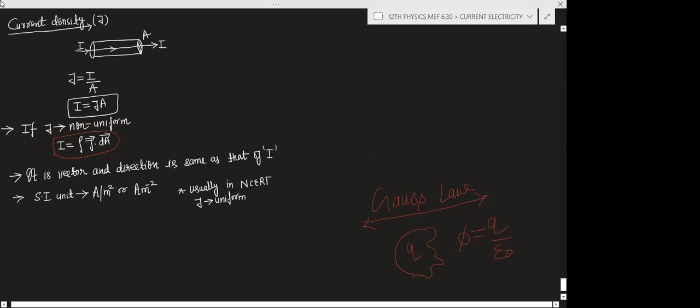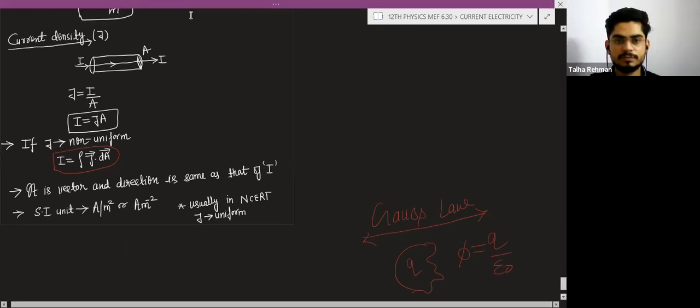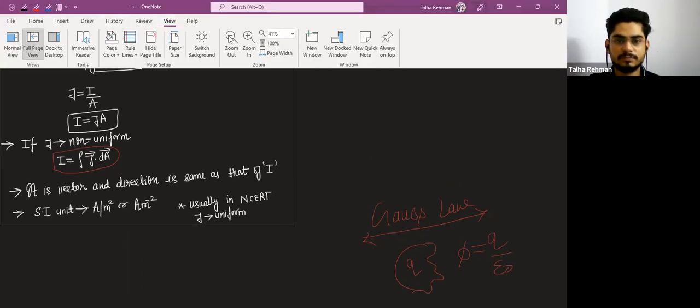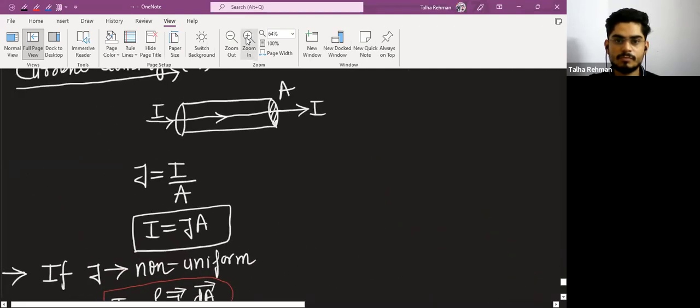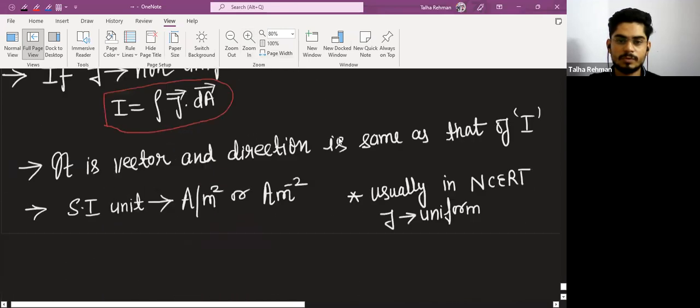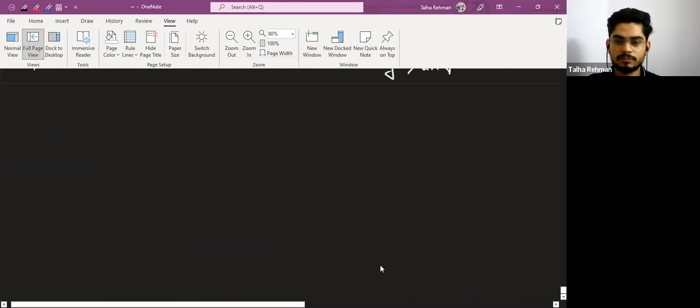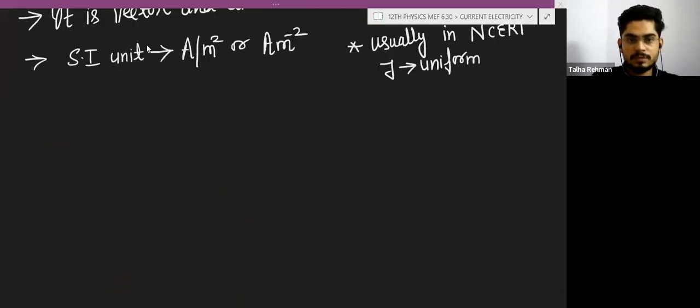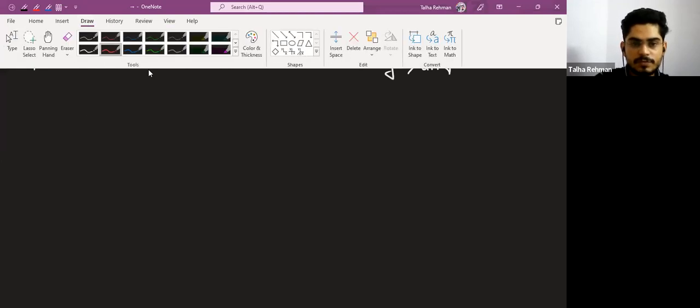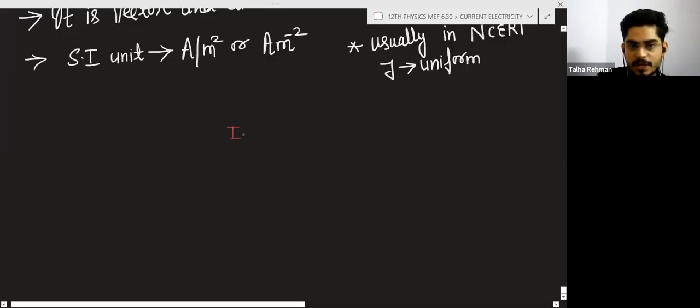Yes, written, sir. So now we have Ohm's law again. See, instead of current, now there is current density. This is the vector quantity, and instead of potential difference, there is the electric field.